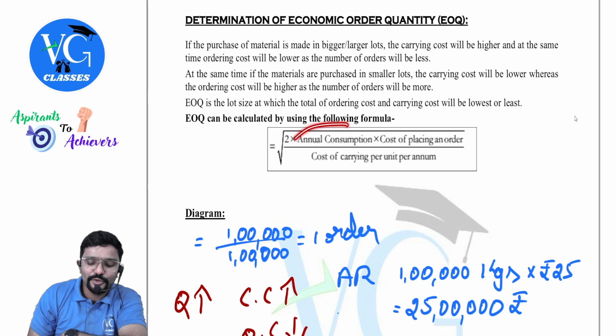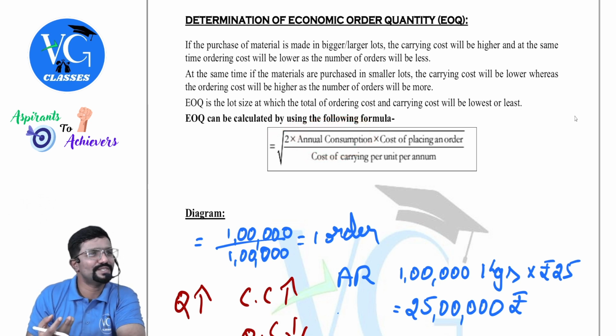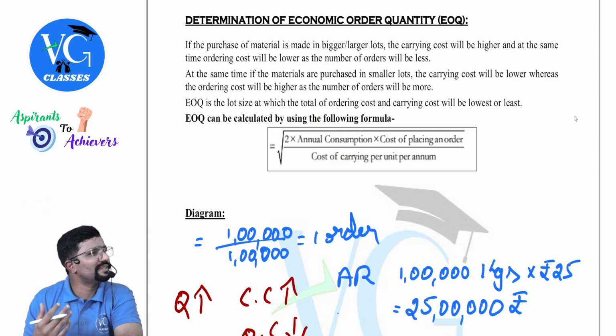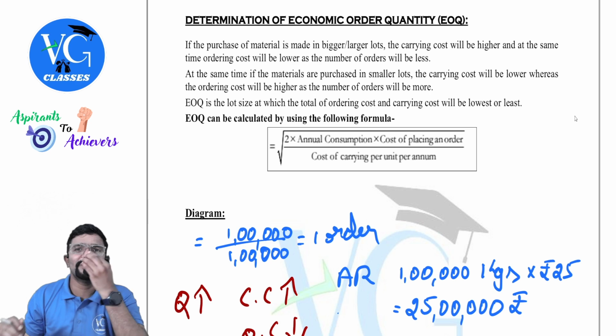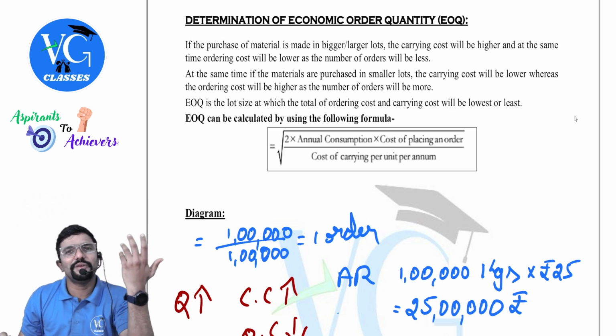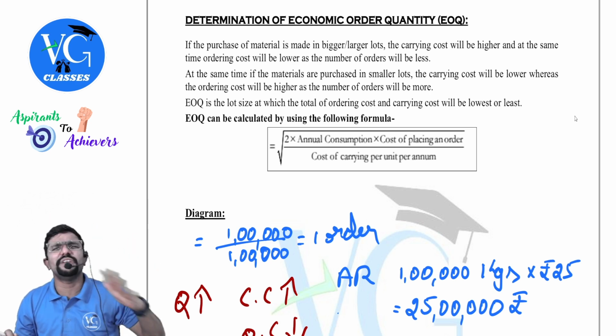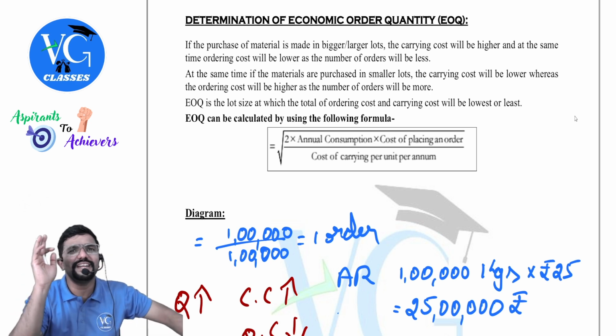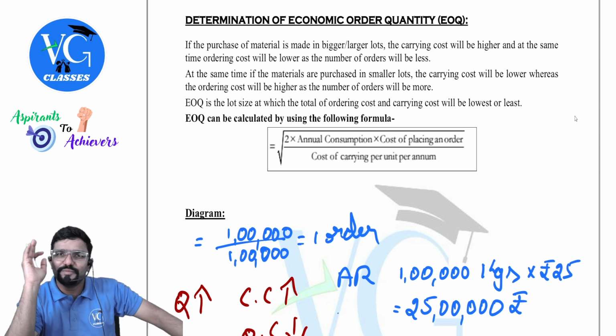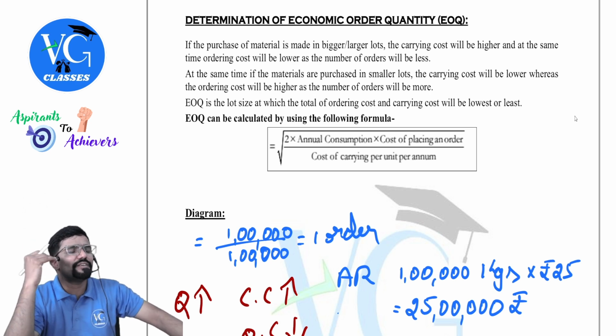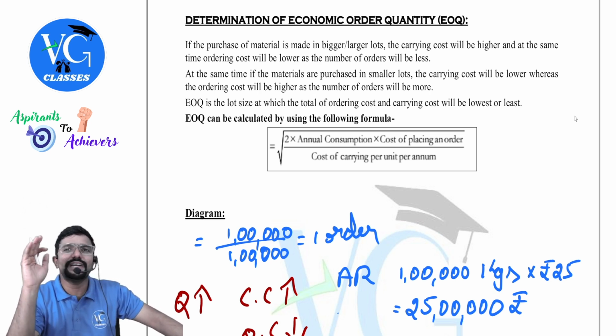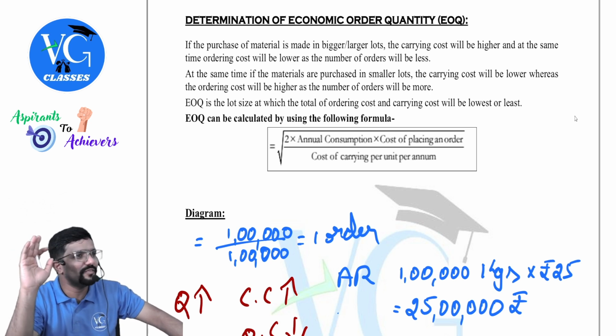Because your EOQ can never be more than annual consumption. Sir, annual consumption assume 1 lakh kgs, can your EOQ be more than that or even near to it? Not even near to it. So please be careful, because by chance if you have not pressed square root, there only you should understand yourself, I have gone somewhere wrong, please cross check again.